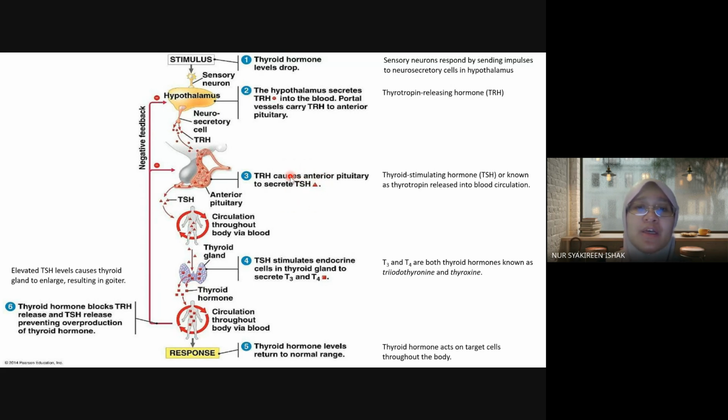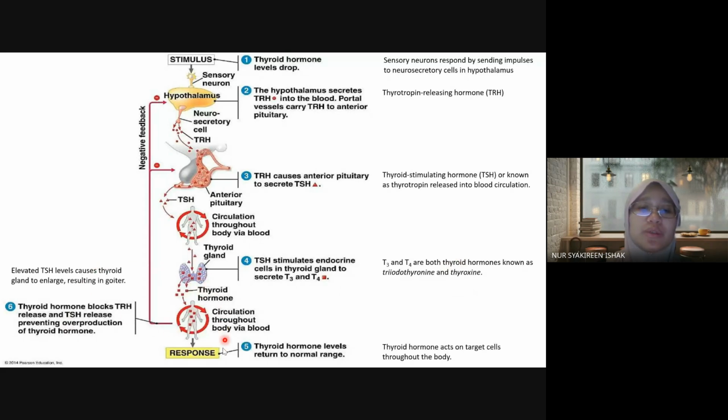So thyroid stimulating hormone dia pergi ke mana? Ke neck region lah, ke thyroid gland. So from the anterior pituitary, it goes into your blood circulation to the thyroid gland. TSH causes the thyroid gland to secrete T3 and also T4, which is triiodothyronine and thyroxine.